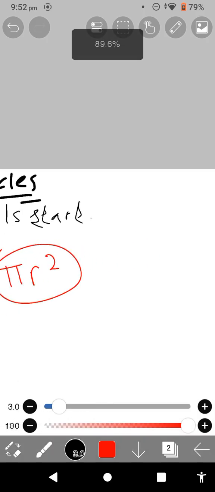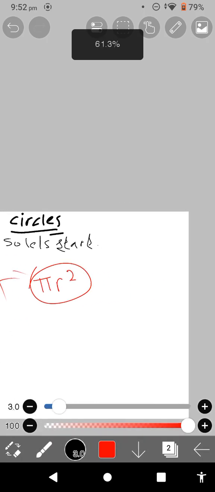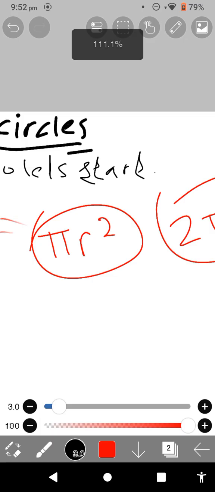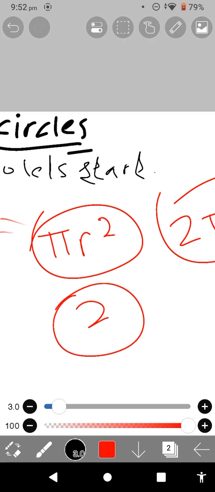Remember this and every formula that we'll tell you in this video, 2 pi r and many others, how to find a radius, divide.